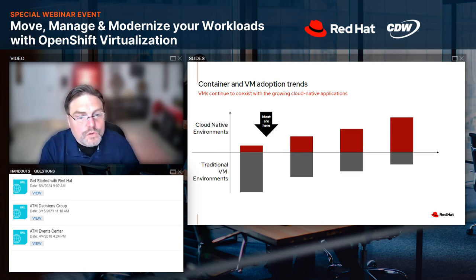And one of the reasons that virtual machines is in Red Hat strategy is we understand that for most customers, modernization from virtual machines to containers is going to take some time. And having a platform that brings them together reduces the amount of technical debt that an organization takes on from a management perspective.